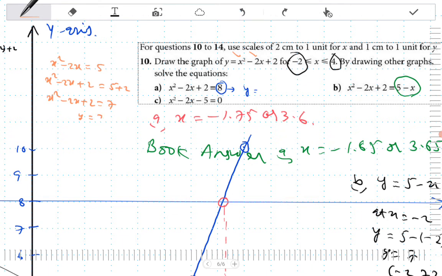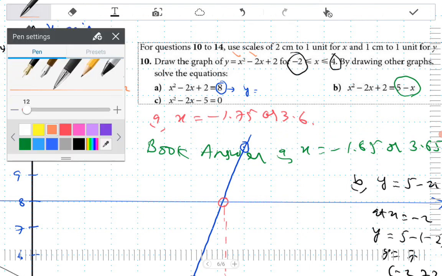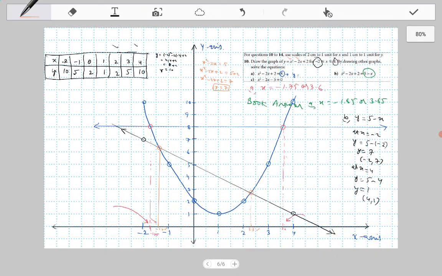Y equals 7. This is the straight line that is to be plotted here, and it's simply a horizontal line, y equals 7, and you have to just check their intersection points. It's not correct.